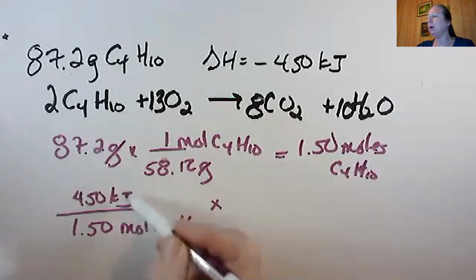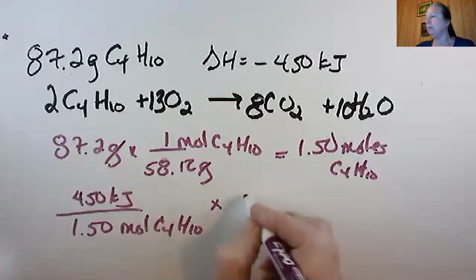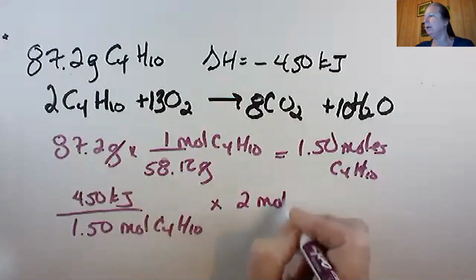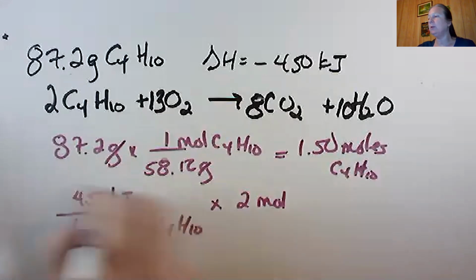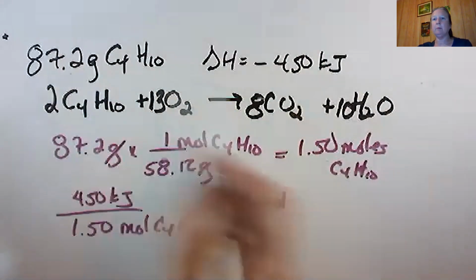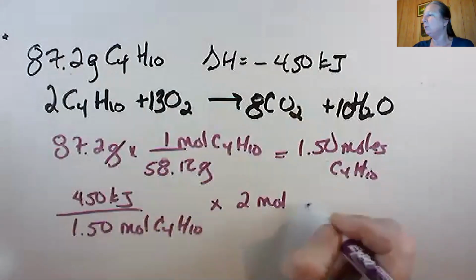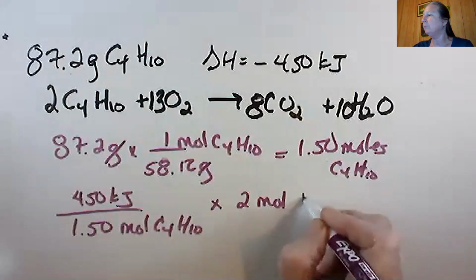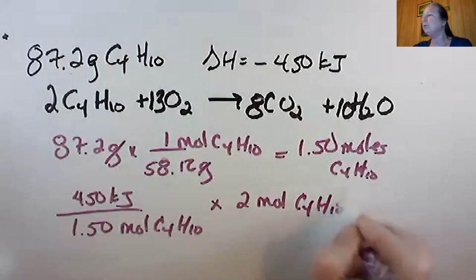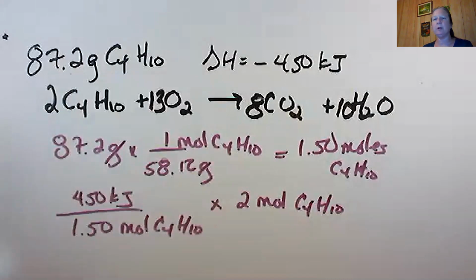So this will give you energy per mole, but I have 2 moles in my reaction. This is the energy per mole that was figured out by the data. This is lab data. You measured the amount of energy that came from consuming this much hydrocarbon, and now you're going to put it into this general reaction equation.